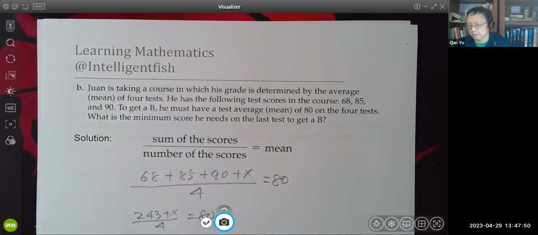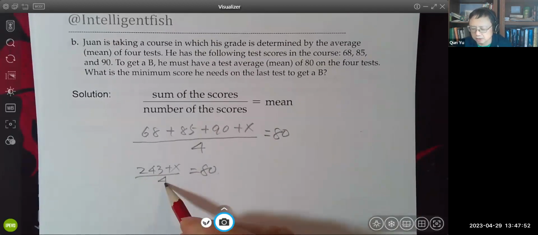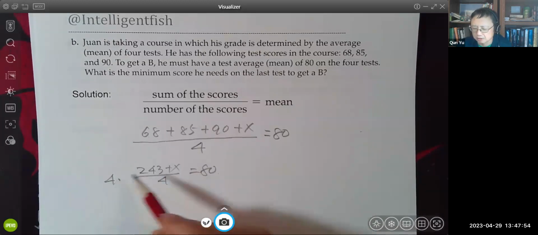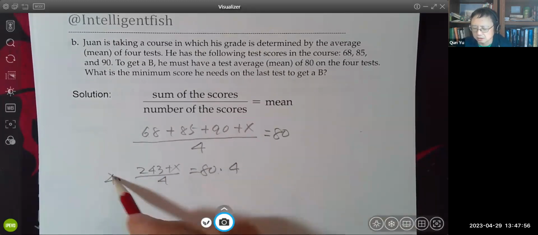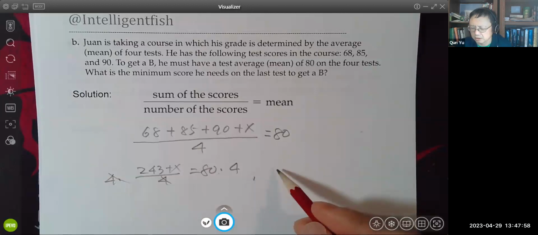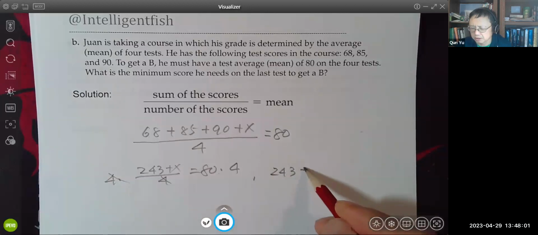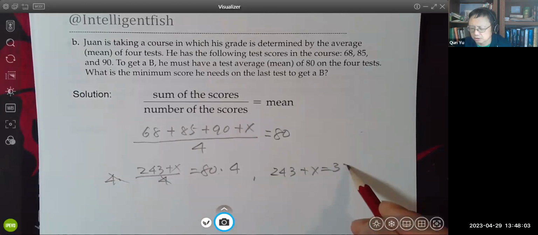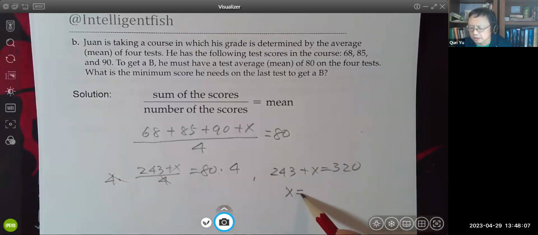Now we multiply by 4 on both sides to cancel this denominator. Canceled. So we get 243 plus X equals 320. 4 times 8 is 32, right? Apparently, we just need to move this 243 to the other side. So 320 minus 243.